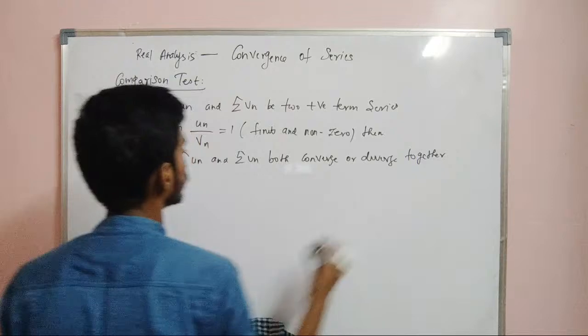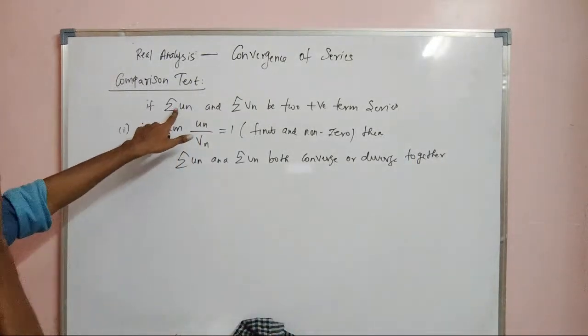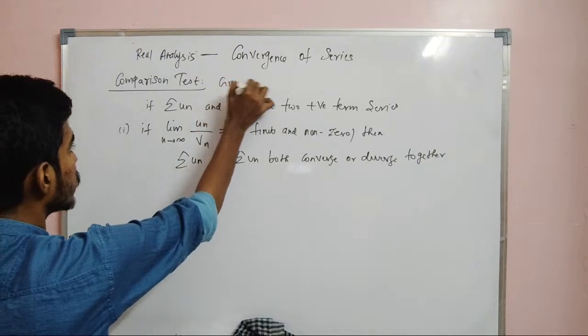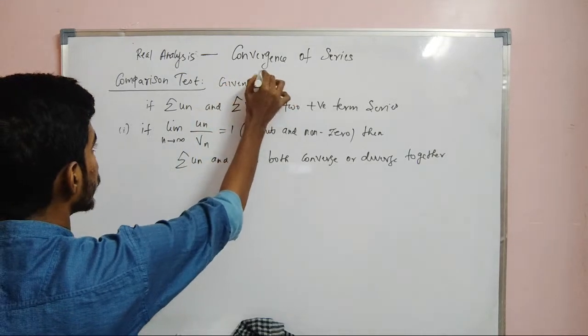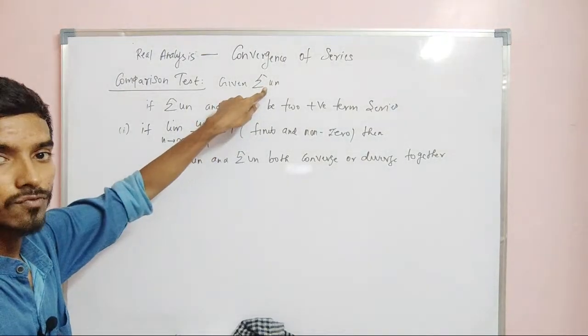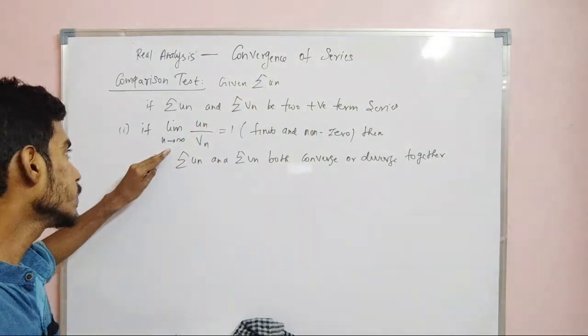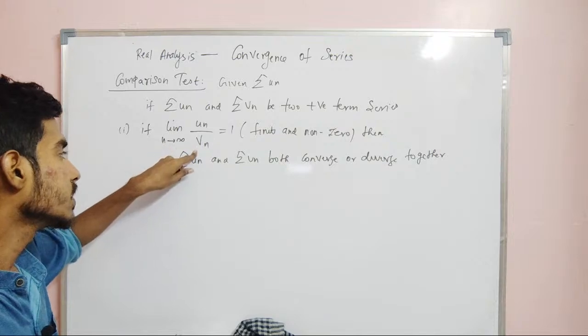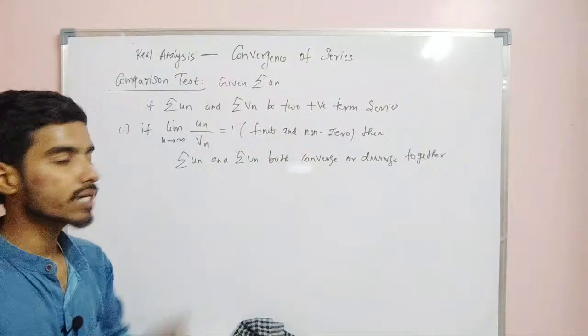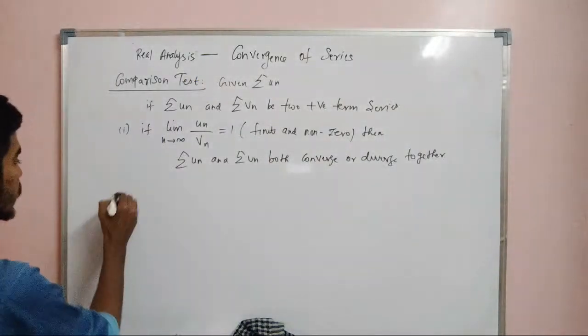Very important result, right? If un is a given series, you need to find another series vn from un, and you find the limit as n tends to infinity of un by vn. If it is finite and non-zero, then both un and vn converge or diverge together.